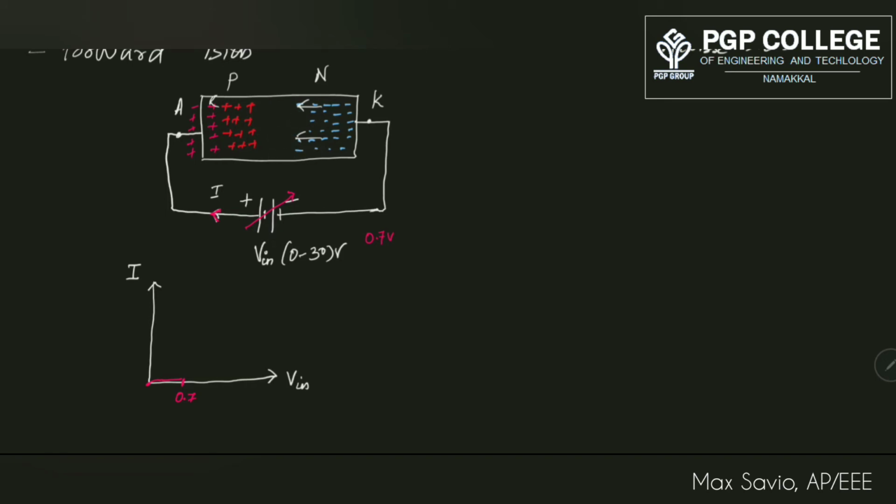Since the barrier breaks, it now gets a channel. Actually, the barrier does not break immediately. It diminishes, and when it finally breaks, the current starts to conduct. So the current can start to move here, and the conduction starts.